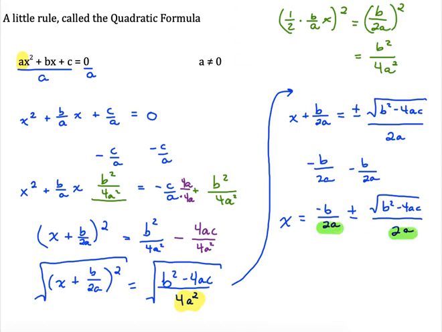So since they have a common denominator, I can write it as one whole fraction, and x is equal to negative b plus or minus the square root of b squared minus 4ac all over 2a.